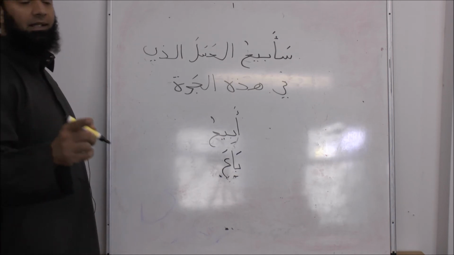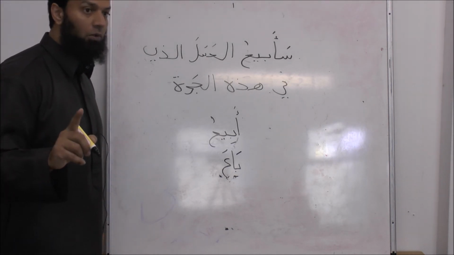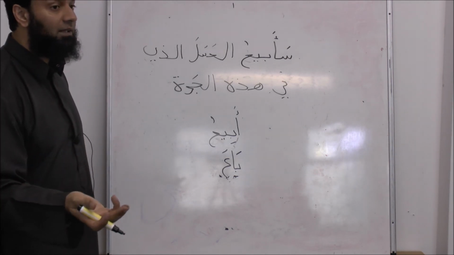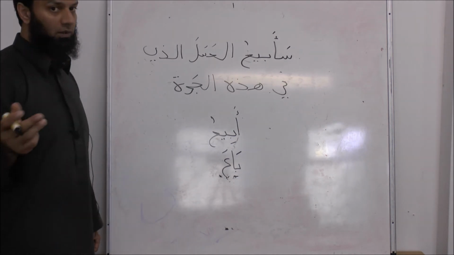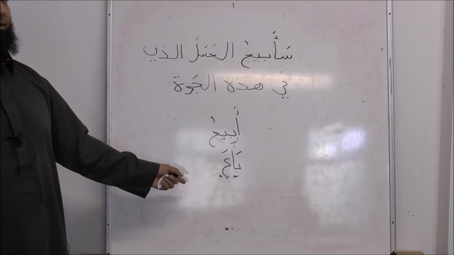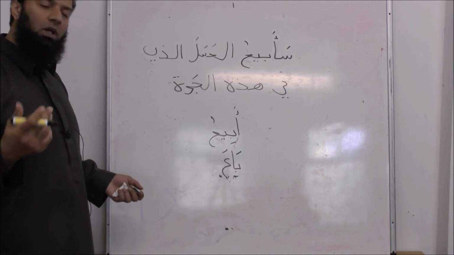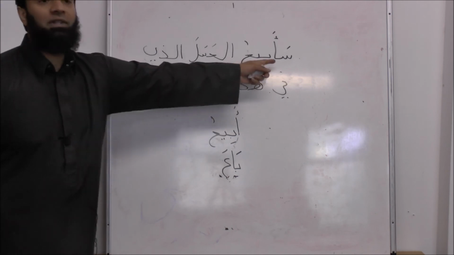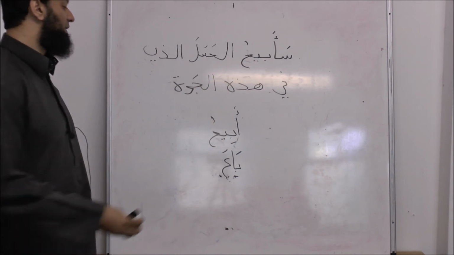Ba'a is the opposite of ishtara. Ishtara means he bought. Therefore, ba'a is what, Abdul Hamid? Sell. Thank you. He sold. Ba'a is he sold, past. Ubi'u therefore means I will sell, or I'm selling, but you put sa before it. So I will sell. What am I going to sell?